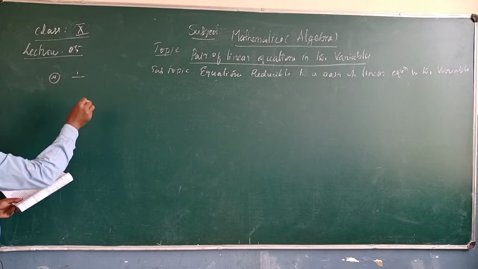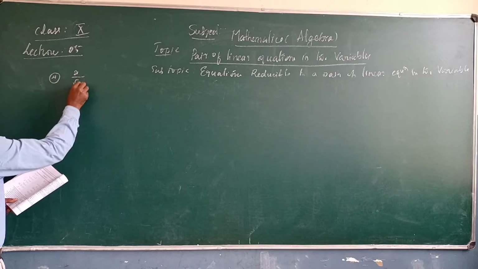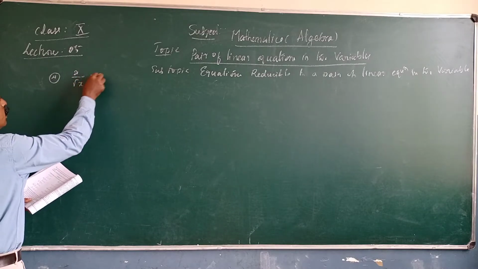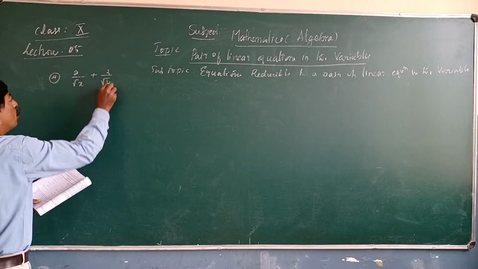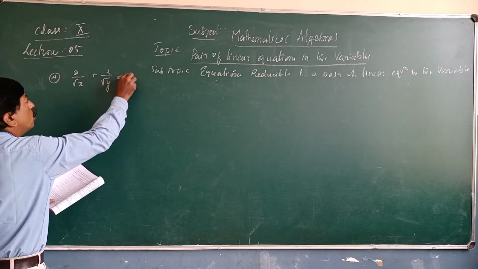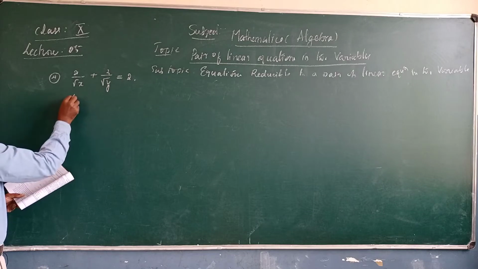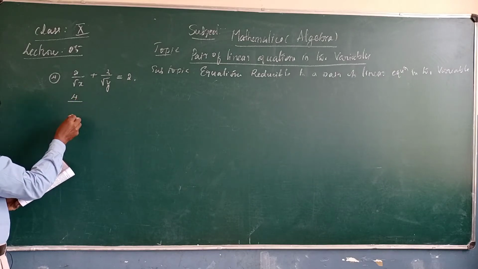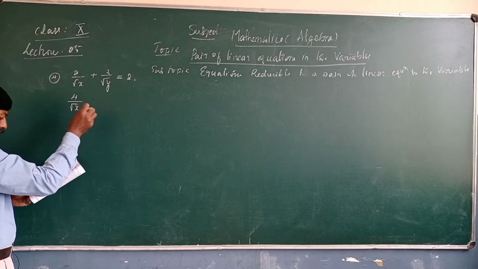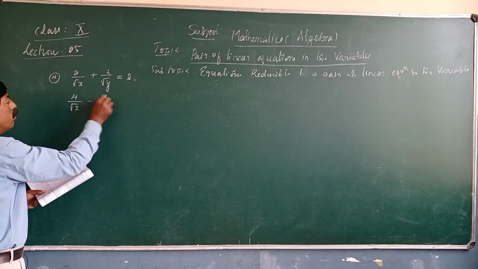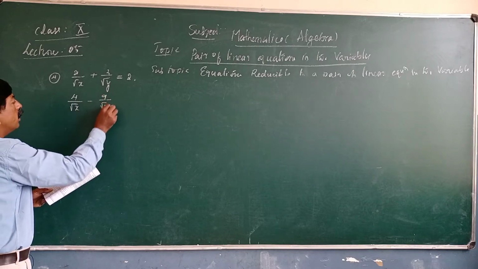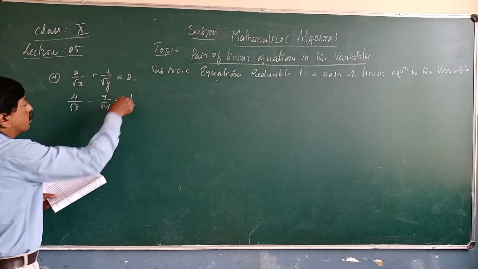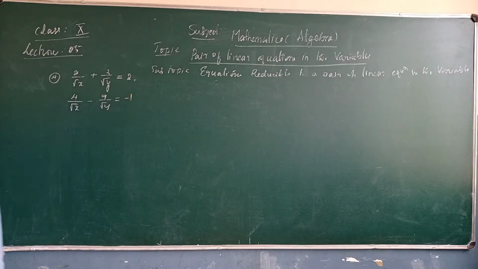2 by root x plus 3 by root y is equal to 2, and another one, 4 by root x minus 9 by root y is equal to minus 1. Here how many equations?